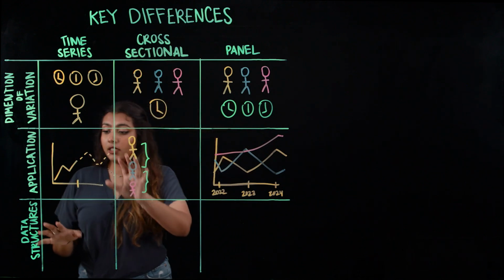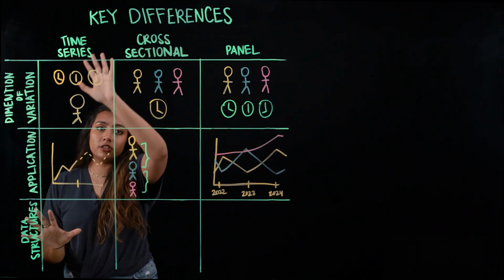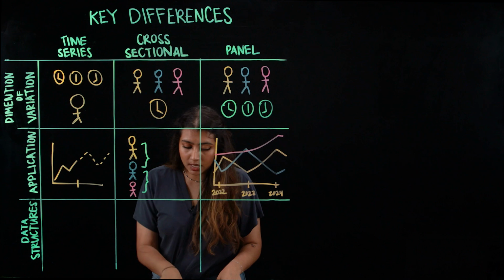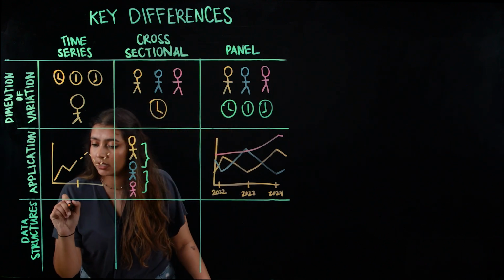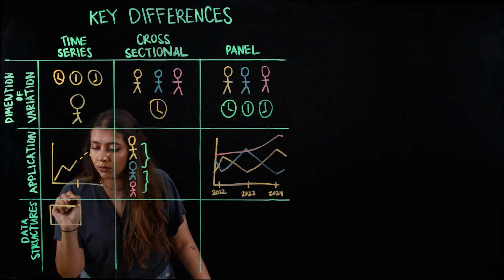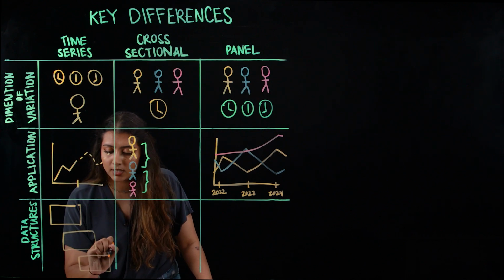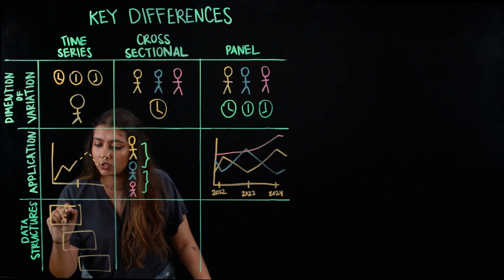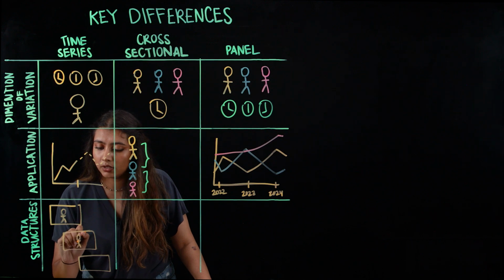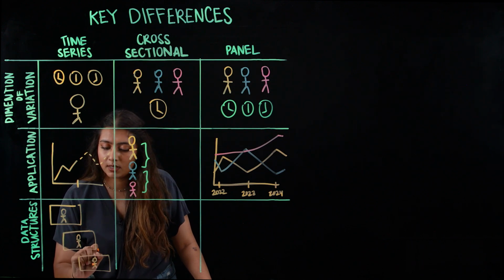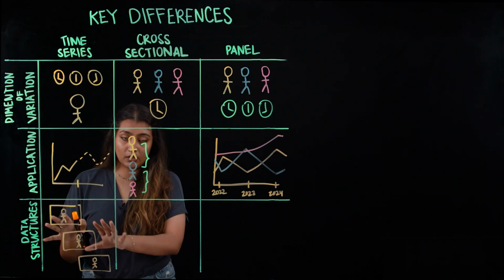Now, lastly, we have our data structures for time series, and that is going to look like snapshots of one person over multiple time periods. So we're looking at just Joe over 3 different times, but it's just about Joe.